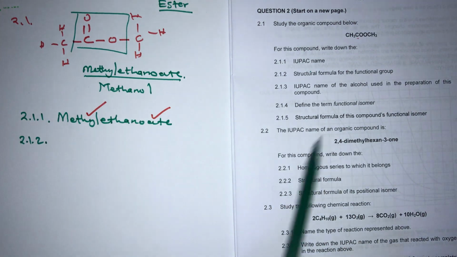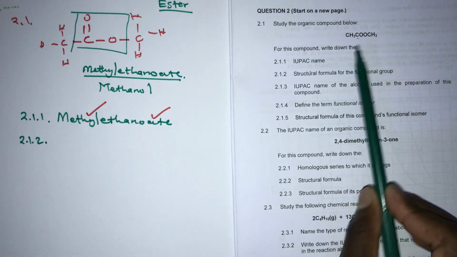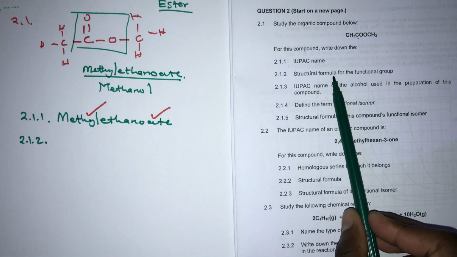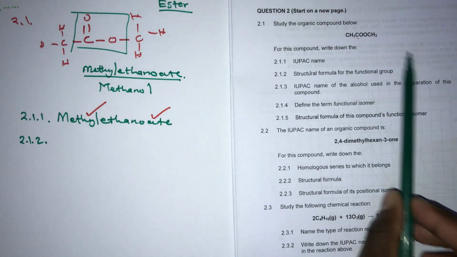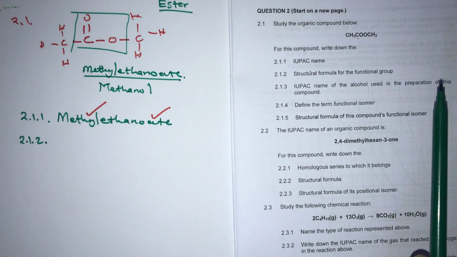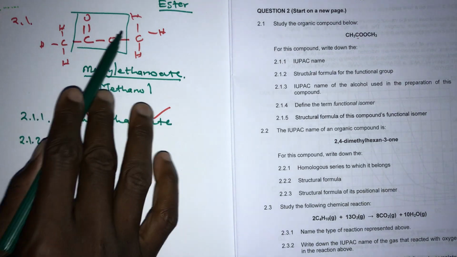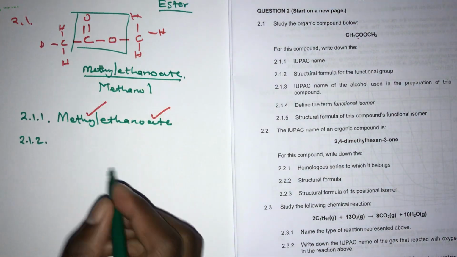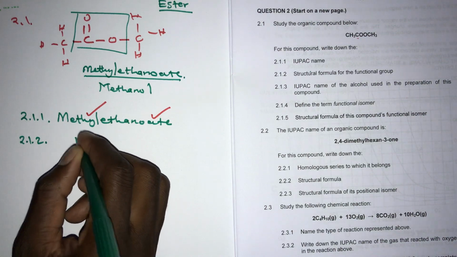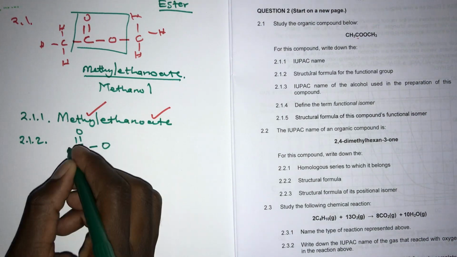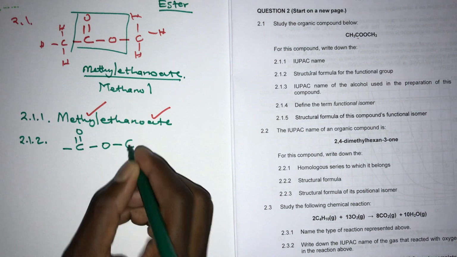2.1.2, the question said write down the structural formula for the functional group. So be careful, only the functional group. The focus is the functional group here. So this is the functional group. It means that now we're going to say C, double bond O, then O, and another C this side.